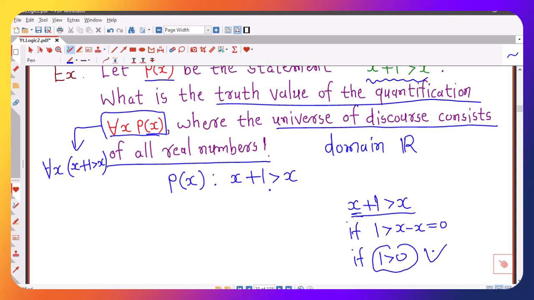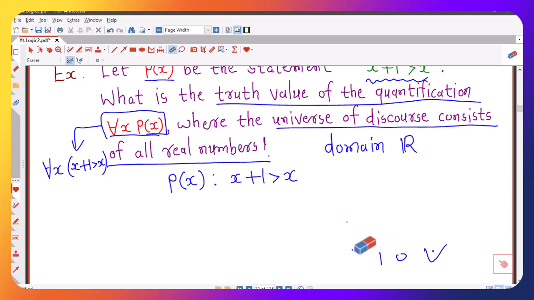Therefore x plus 1 greater than x is true for all real numbers, or for every x in the domain of discourse. Therefore the truth value of this quantification for all x P(x) is true.